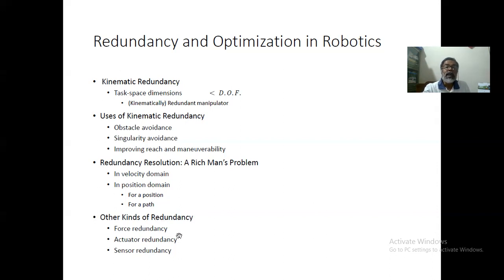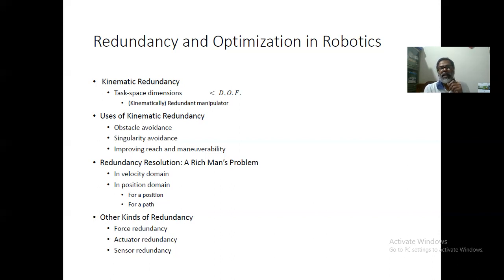There is another kind of redundancy which is sensor redundancy. If, in order to determine something, 6 sensors are good enough, you may put 8 sensors at different places. That will first of all simplify the mathematics to solve your problem.